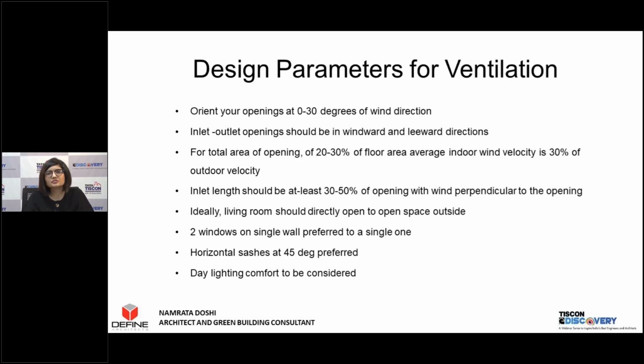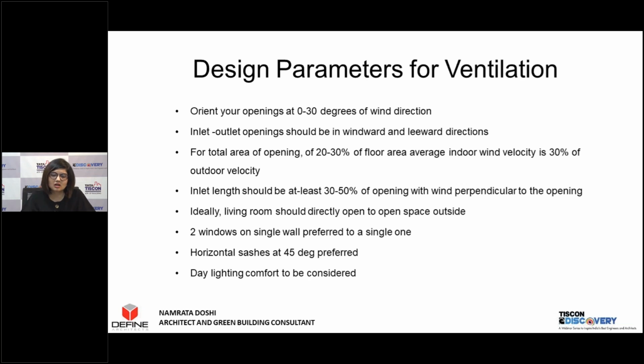Understanding where your light is coming from and in which direction your wind is moving is very important. And once you've understood that, you will have to work on how to orient your openings. Just knowing that I need to place my opening on northeast is not enough. Am I placing it at 90 degrees, at 30 degrees, or at 60 degrees? That becomes important, and that gets dictated by both your sun and your wind direction.